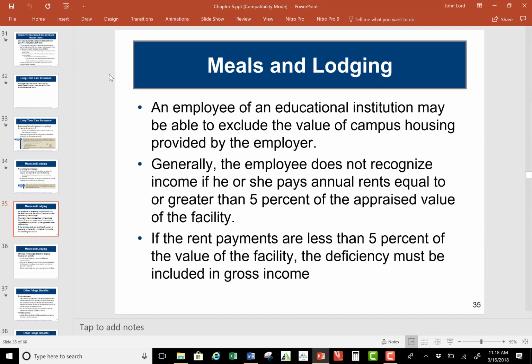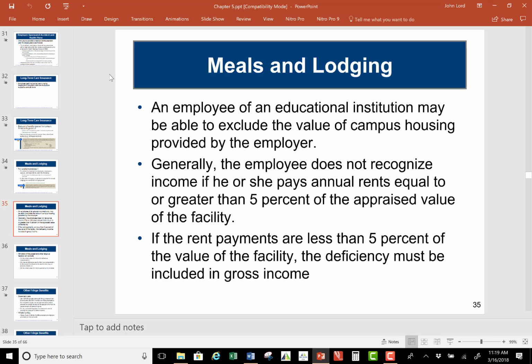Employer of an educational institution may be able to exclude the value of campus housing provided by the employer. Generally, the employee does not recognize income if he or she pays annual rent equal to or greater than 5% of the appraised value.